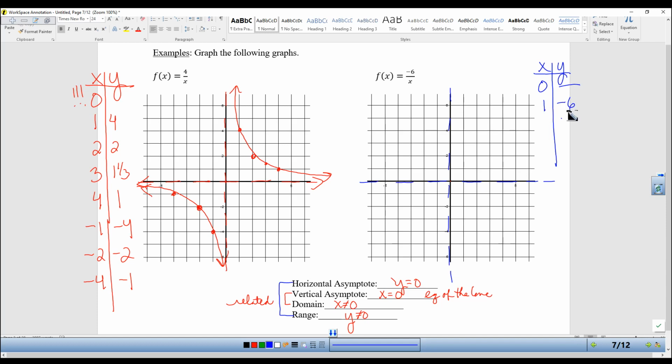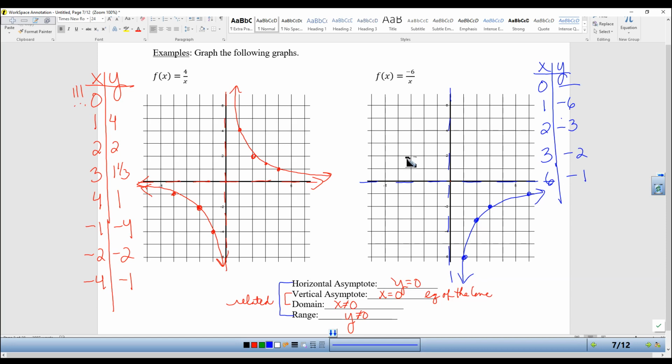1 is going to give me -6. 2 is -3. 3 is -2. And just for kicks, I can do 6 because that'll give me -1. So 1, -6, 2, -3, 3, -2, 6, -1. That branch is really easy to see.